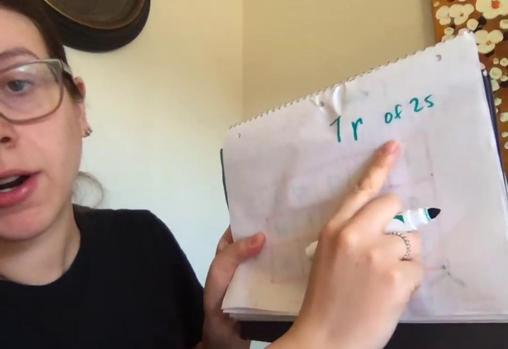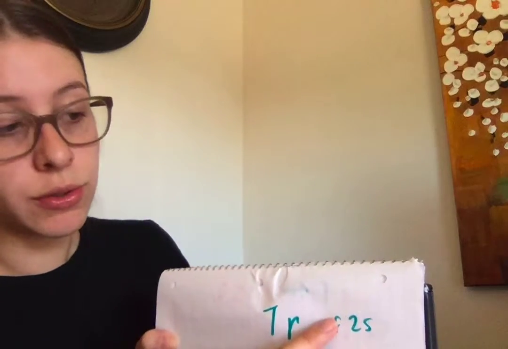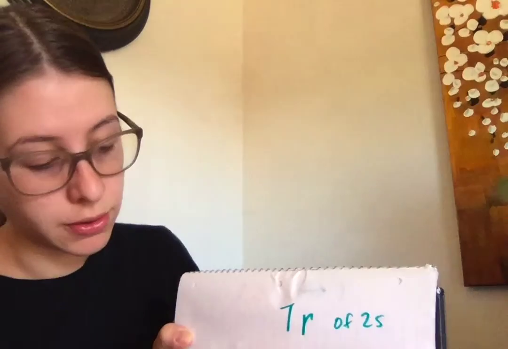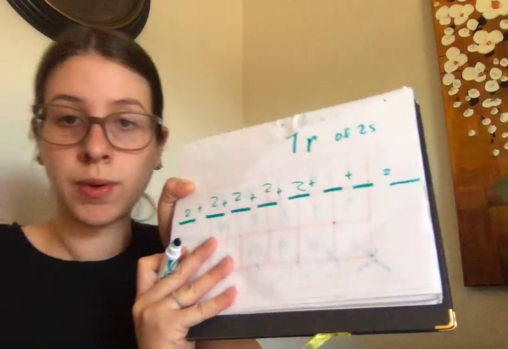You know that you're going to have 7 lines. 1, 2, 3, 4, 5, 6, 7. And you're going to add, each row has 2 squares, so you're going to add 2, 2, 2, 2, 2, 2, 2, okay?